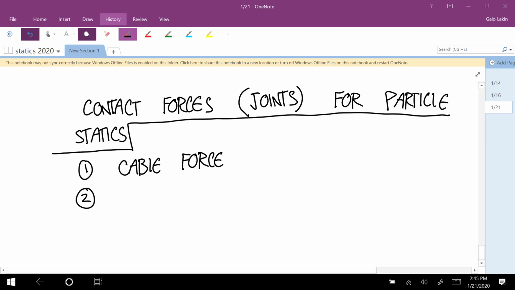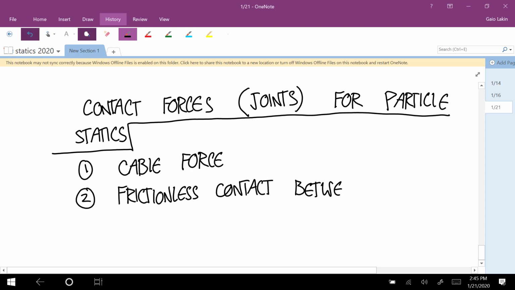The second one is a frictionless contact between bodies. And the third one is friction contact between bodies.